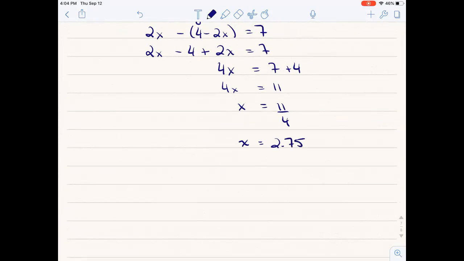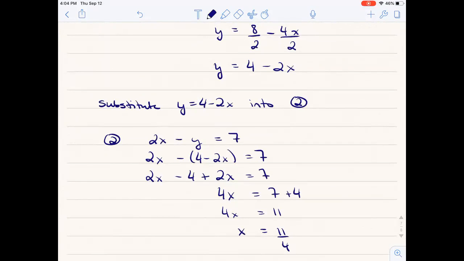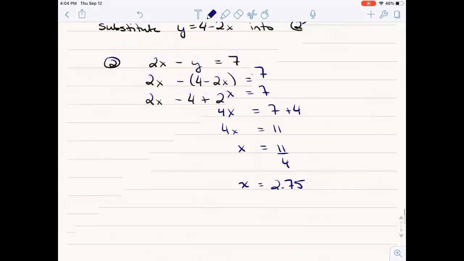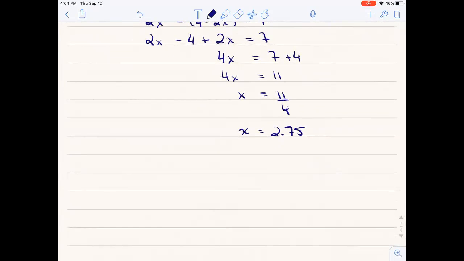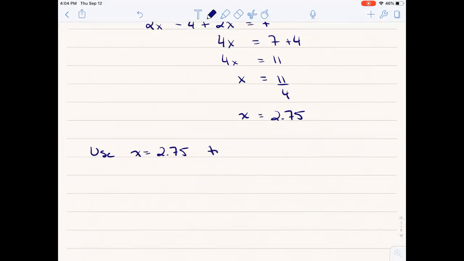Okay. So now we know what x is. Now we can plug that back into our equation for y to solve for y. So now we use x equals 2.75 to solve for y.